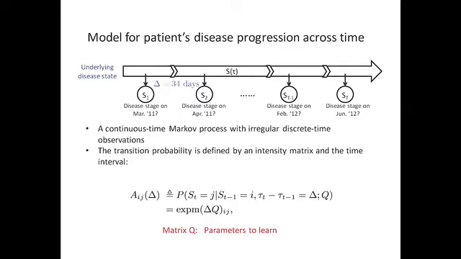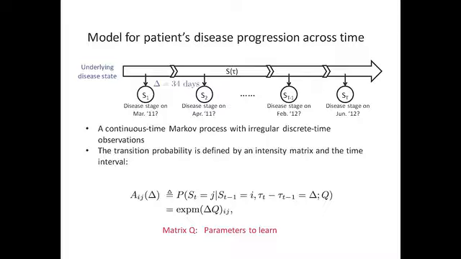Formally, we say that the transition distribution, the probability of transitioning from stage i at time t minus 1 to stage j at time t, given as input the difference in time points, delta, where delta is the number of months between the two observations, is given by the matrix exponential of this time interval times a matrix Q. And the matrix Q gives us the parameters that we want to learn.